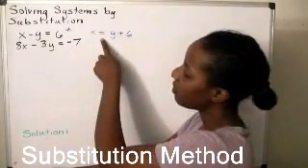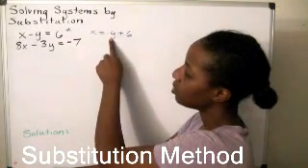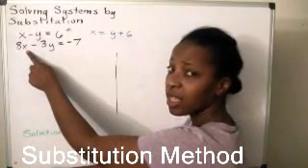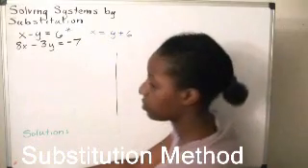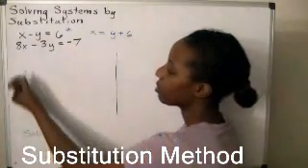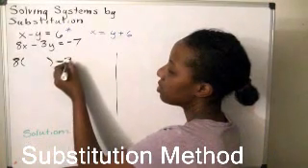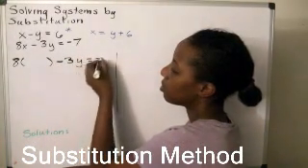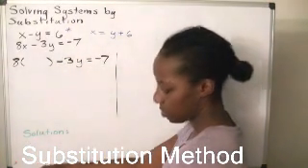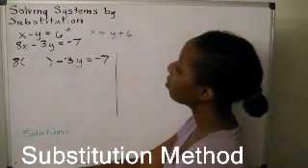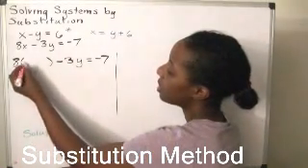Now that I have my x value, I can now substitute this in for my x in the other equation. Again, open parentheses. And our x variable is y plus 6.